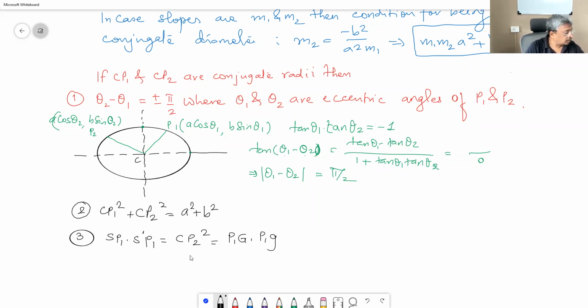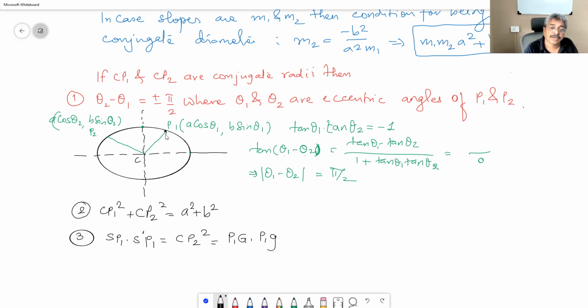P1G. Now find out, who is G? That we had described earlier. G is the normal at P1.